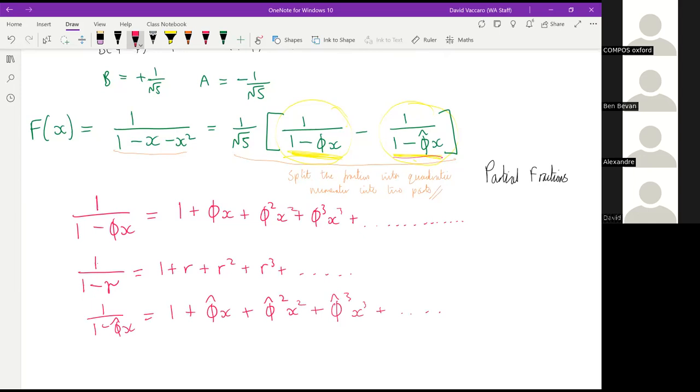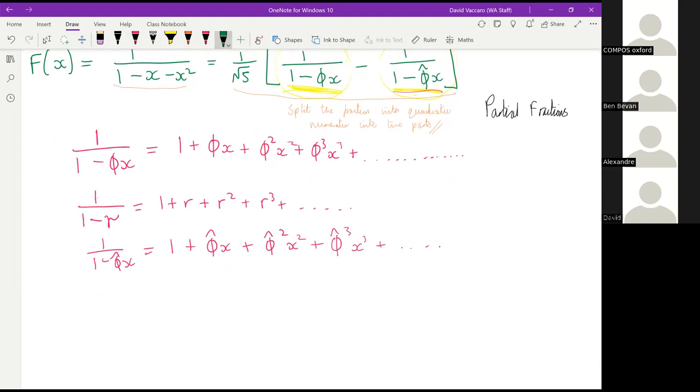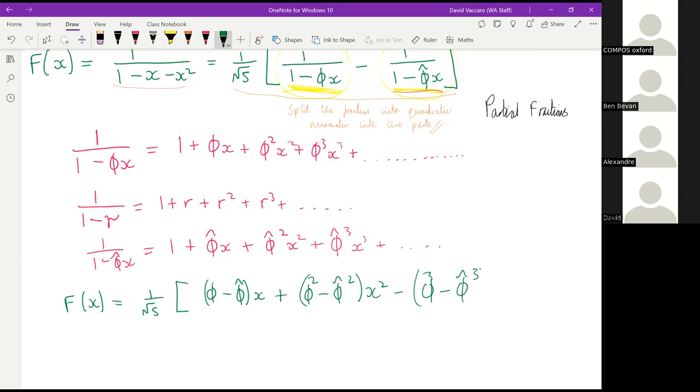And then we can subtract and combine them, and we get that f(x) is equal to 1 over √5, and then we get (phi minus phi hat) x plus (phi squared minus phi hat squared) x squared plus (phi cubed minus phi hat cubed) x cubed.